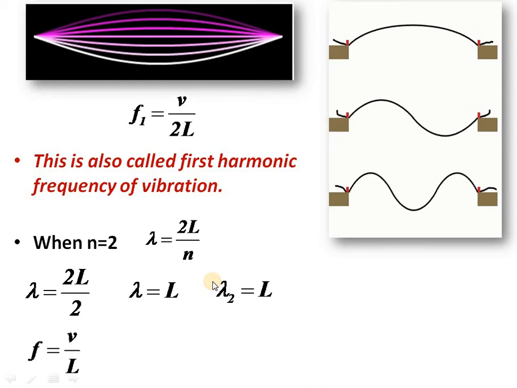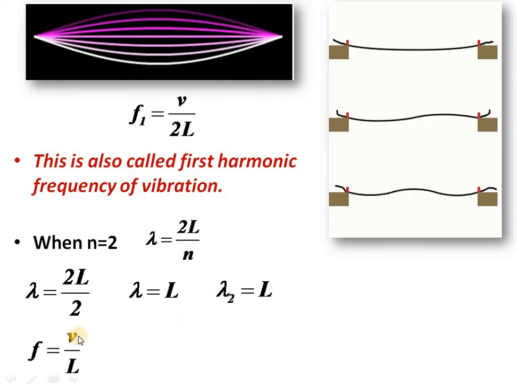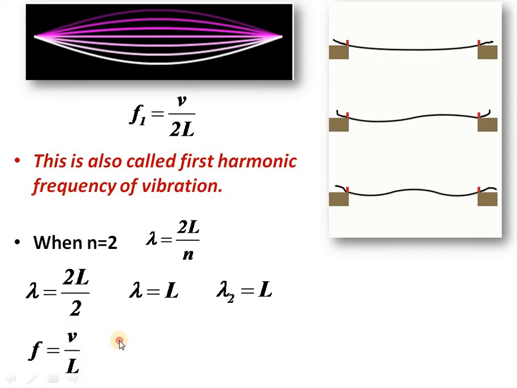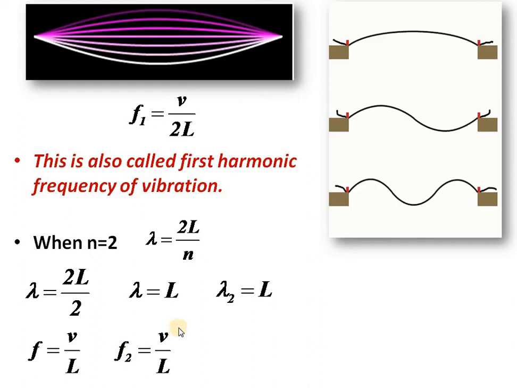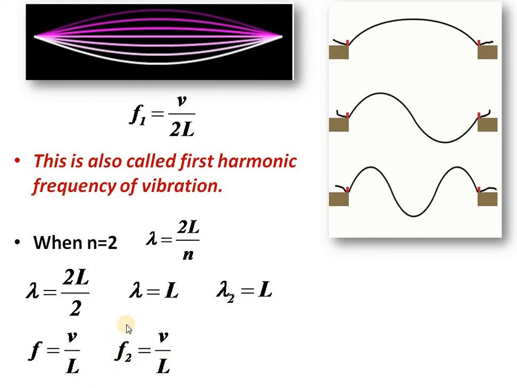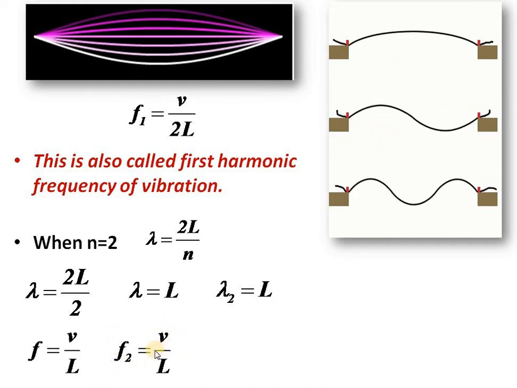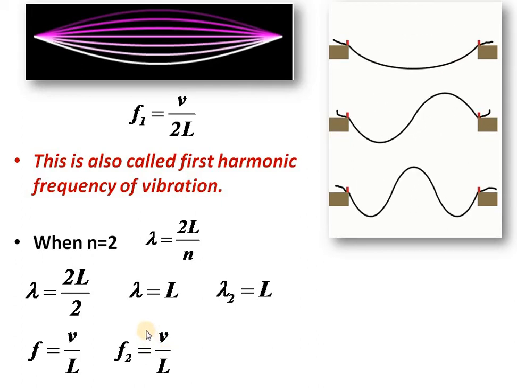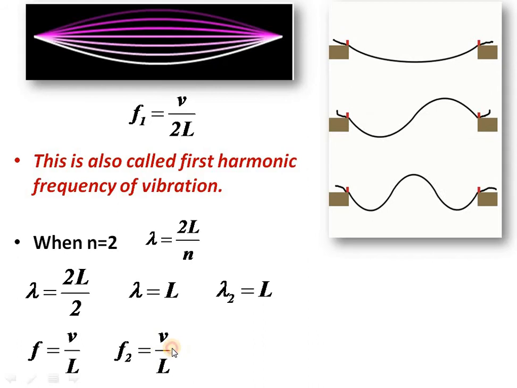Okay, that is also clear. And the corresponding frequency can be calculated. F is equal to velocity by wavelength, and that is expressed as f2. This is called the second harmonic frequency, V by L.